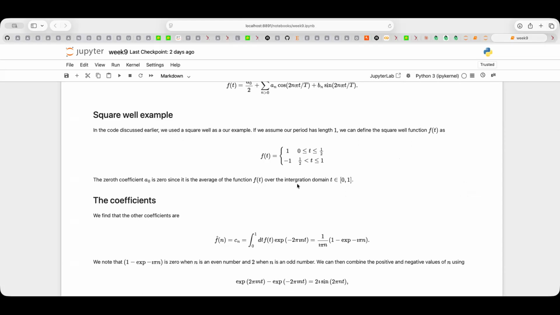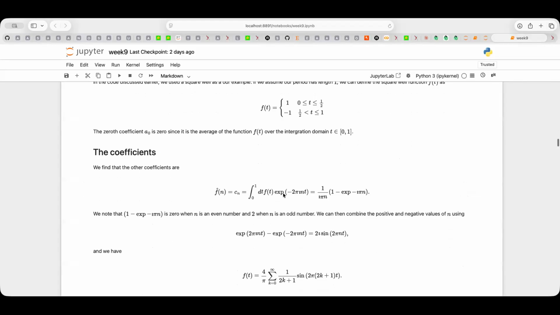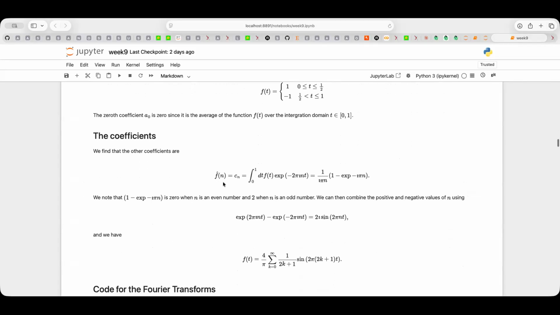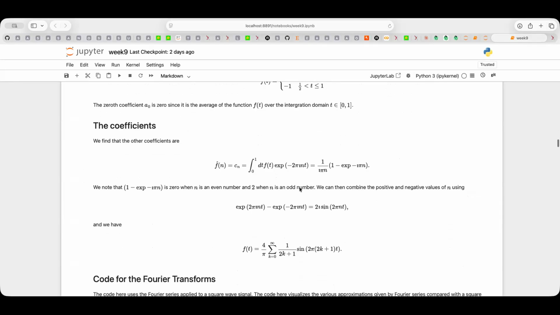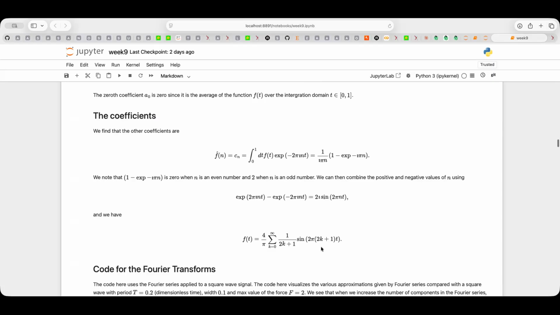We can set up an integration over 0 to 1, and you can find the analytical expressions for the coefficients when you plug in this formula for the Fourier transform. So we would simply integrate from 0 to 1. This case has an analytical solution, which you can encode easily. So these will be the coefficients.